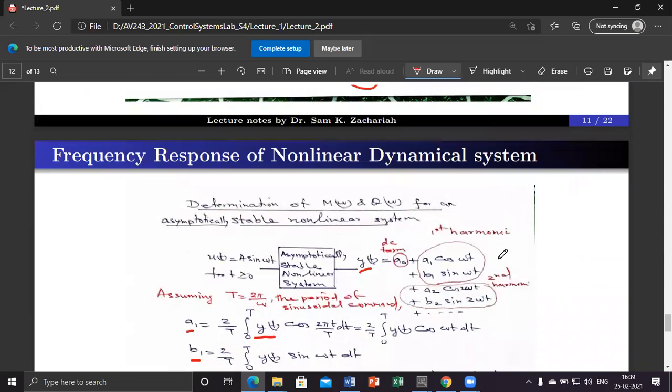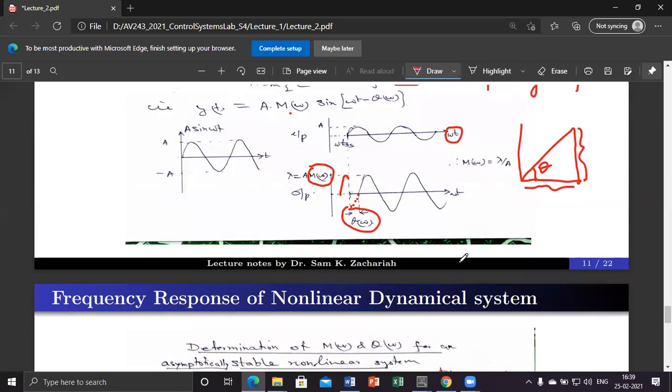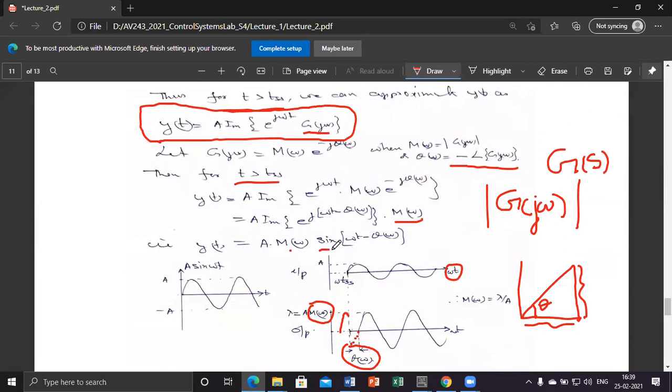Here we have sine omega t. What we are actually doing is explaining with respect to sine of omega t minus theta omega. You expand this sine using the sine A minus B formula, you know: sine omega t into cos theta omega minus cos omega t into sine theta omega.